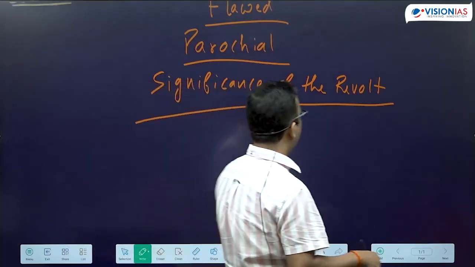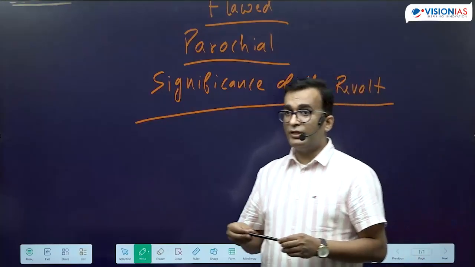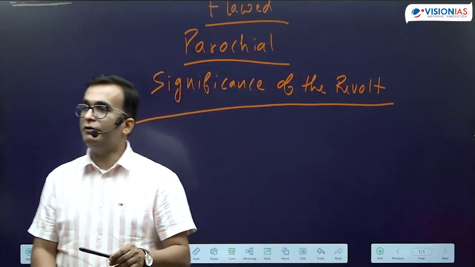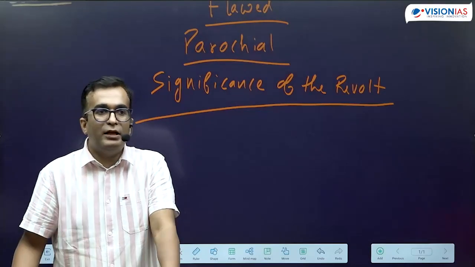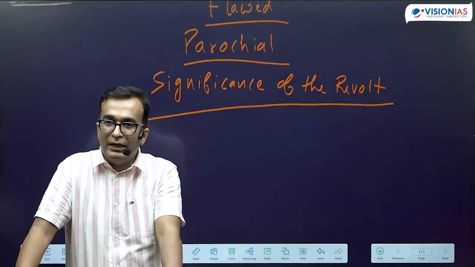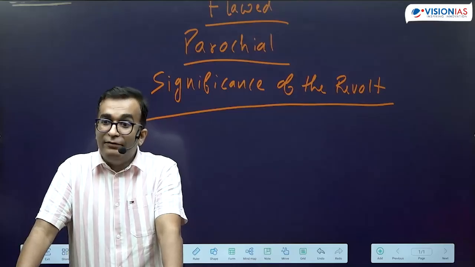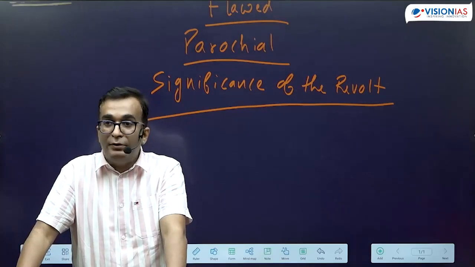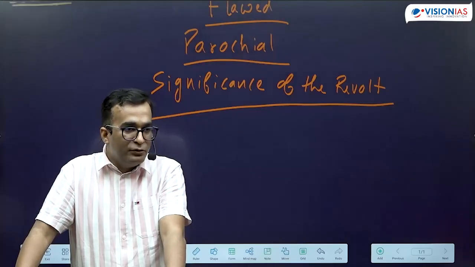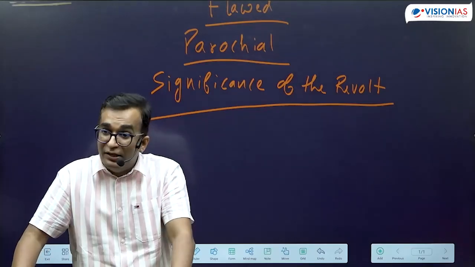So let's come to the significance of the revolt. There are a few things to be noted down. One thing was very clear in the beginning, that if the mutineers had operated in an organized fashion, the result would have been otherwise.